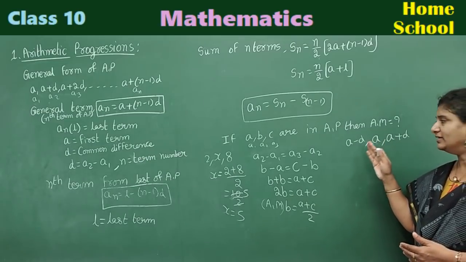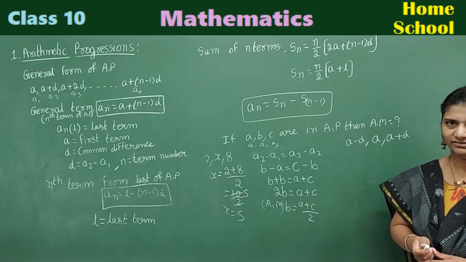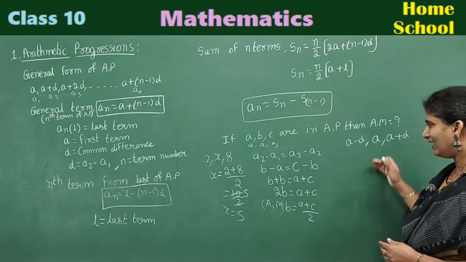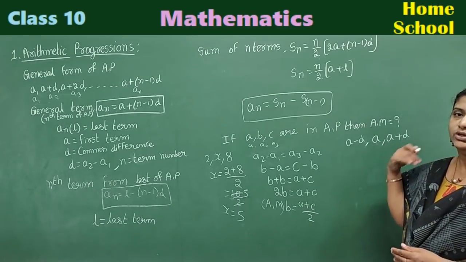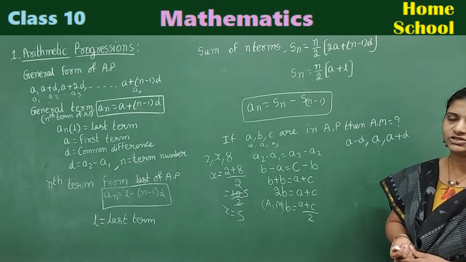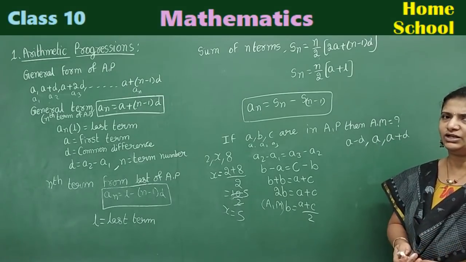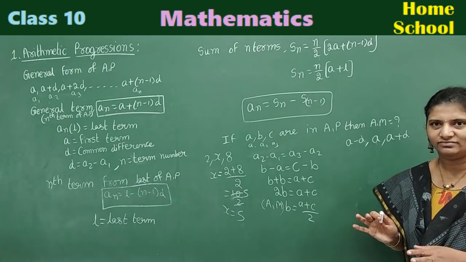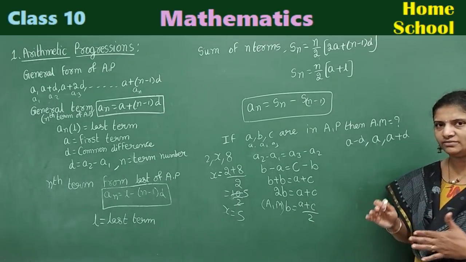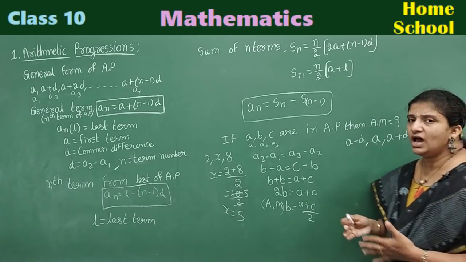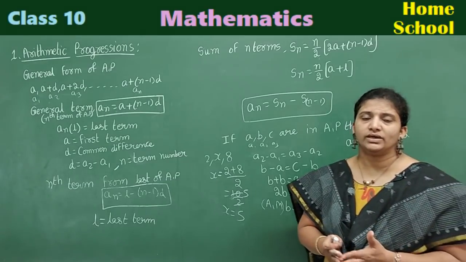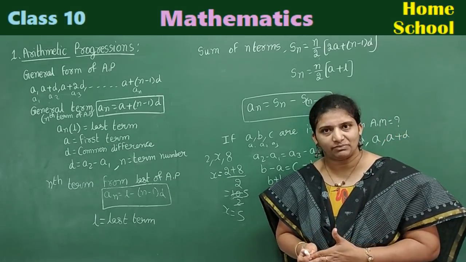When you add, d will be eliminated. Then you are going to get the a value. You substitute that a value in the product of terms, you get the d value. If you know a and d values, any term you can find. In the same manner, 4 terms, 5 terms, 6 terms, I have already discussed with you in the introduction part of your arithmetic progression chapter.